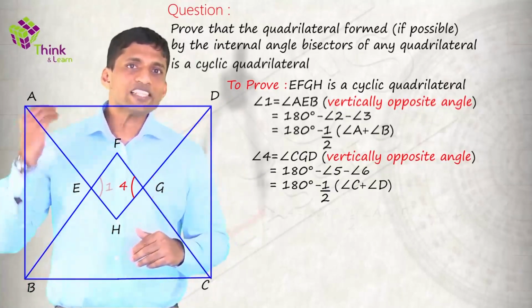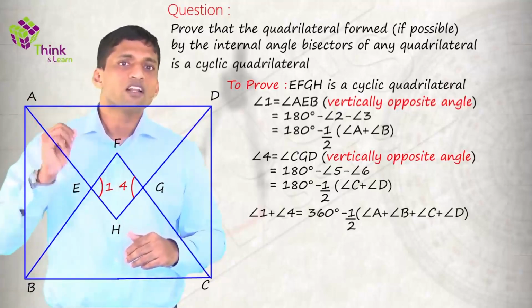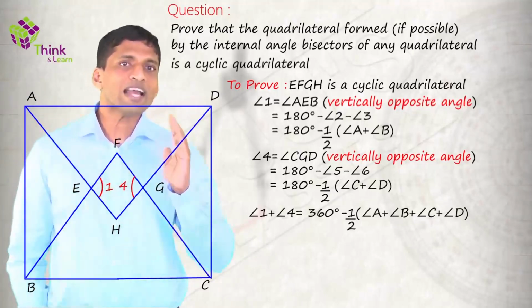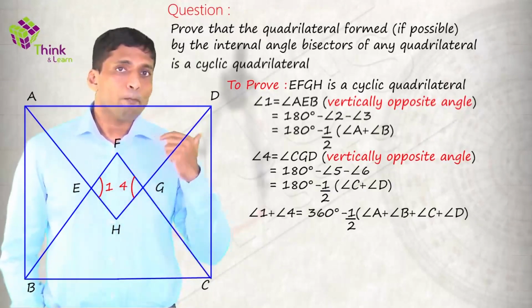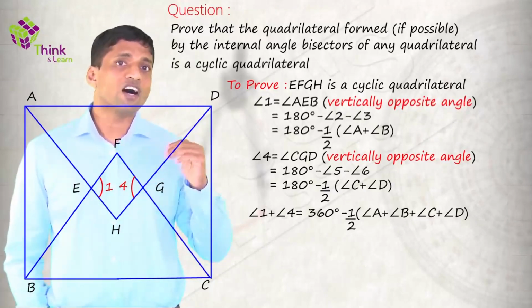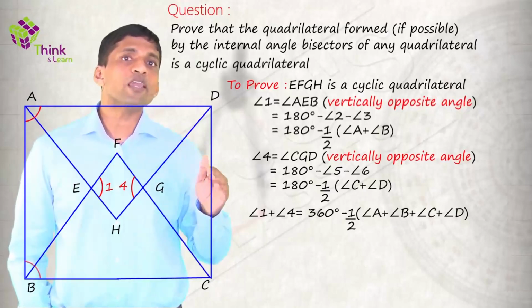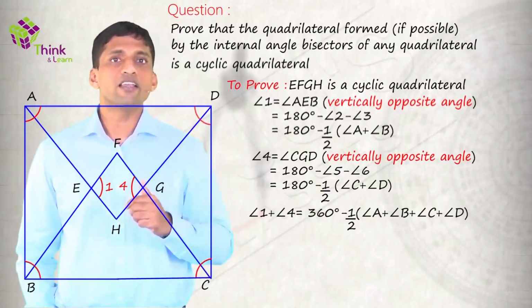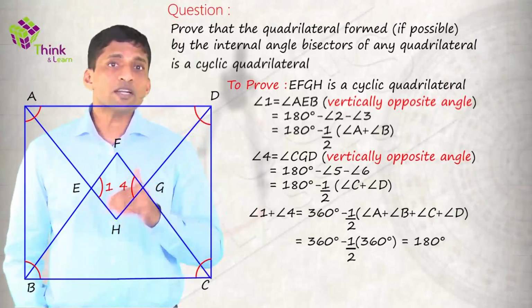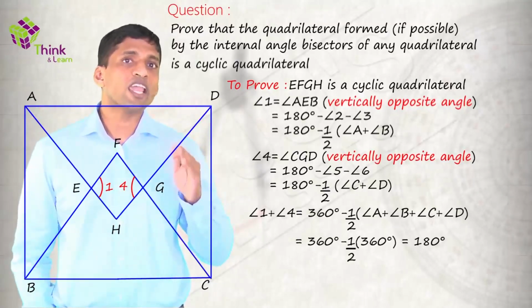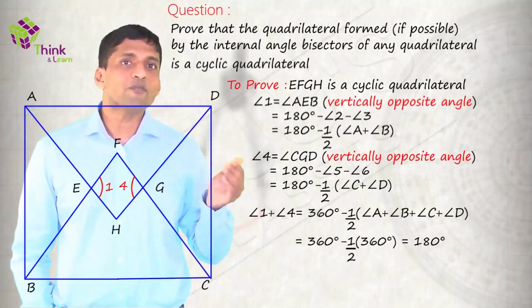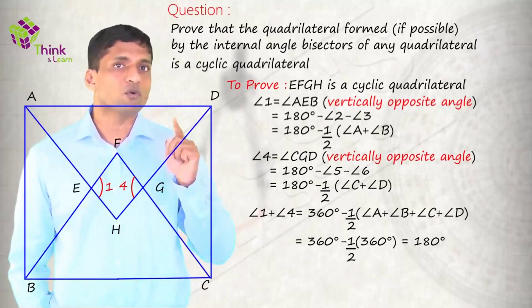Now, if I take the sum of angle 1 and angle 4, I'll get 360 minus half of (angle A plus angle B plus angle C plus angle D), which is nothing but 360 minus half of 360, because A, B, C, D all added up will be 360, as they are the angles in a quadrilateral.